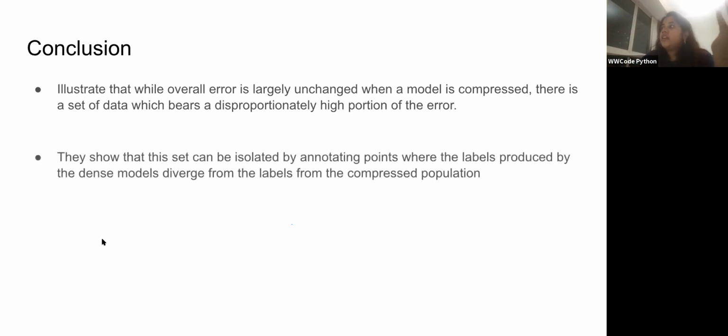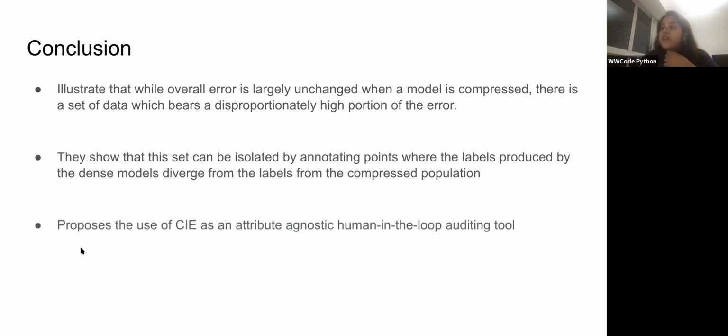This shows that there are certain annotating points which diverge, which means that CIE exists, which is the metric they talked about before. Hence they proposed the use of CIE as an attribute-agnostic human in the loop auditing tool.